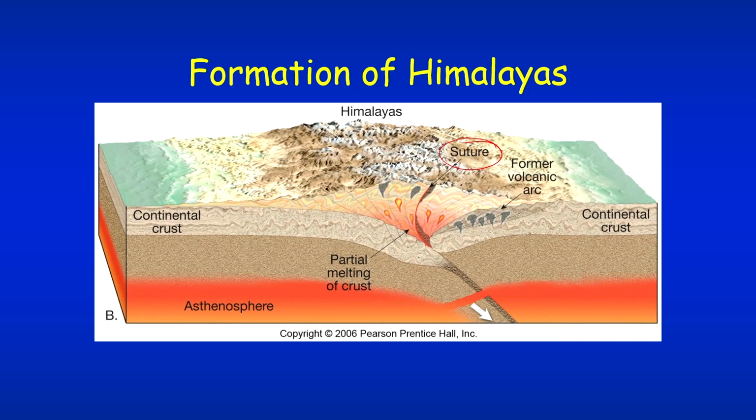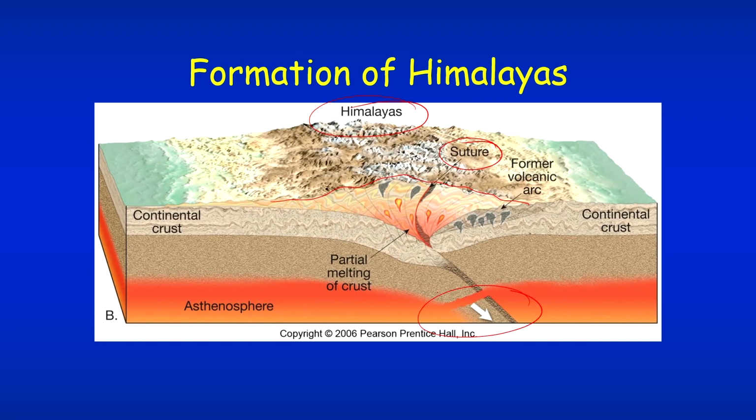Okay. And then the activity started, which resulted in mountain building activity. So Himalayas, or we can say Himalaya, is the result of two continental crust collision. Okay. But initially there was subduction which occurred in the past.